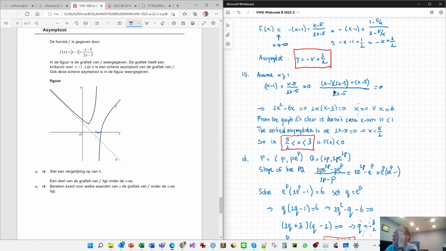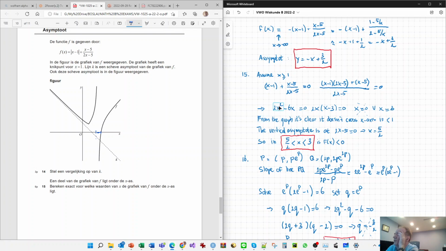Then we put it under one denominator, and we set the numerator to be 0, assuming that 2x minus 5 is not 0, which we have to check.